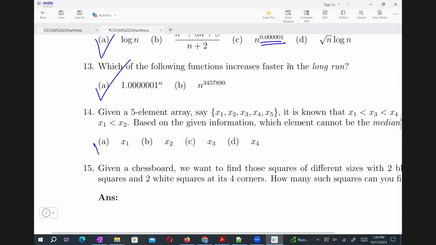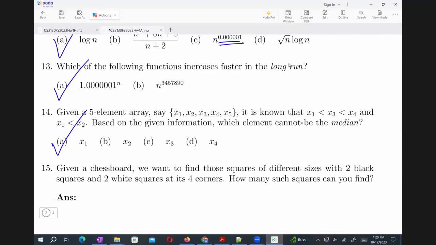Number 14, the answer is A. Only one student gave me option A. Here, you can see in A, x1 is less than 3 elements, right? x2, x3, x4, 3 elements.